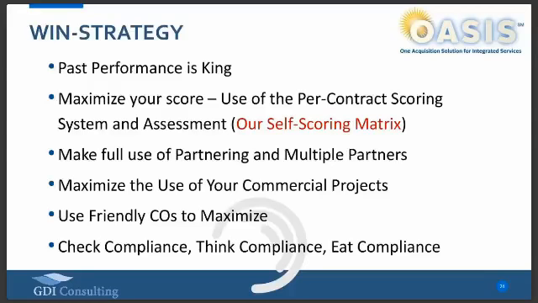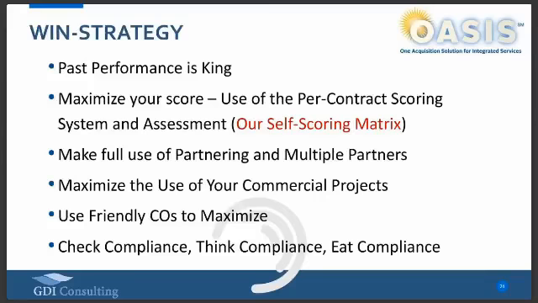So that helps us a lot. And you need to do that to be able to maximize your score. And there are also other issues that are involved in maximizing your score. For example, I'll get to that, like friendly COs. I'll explain what that is.